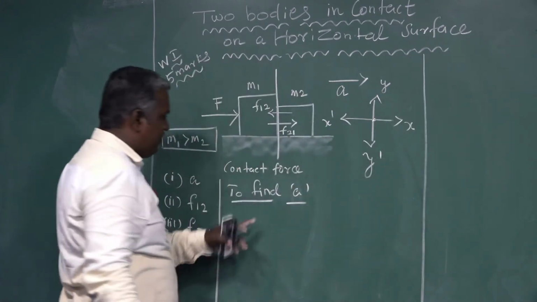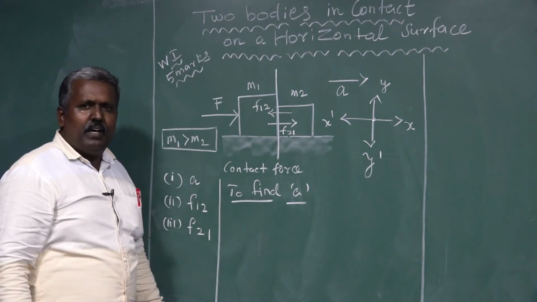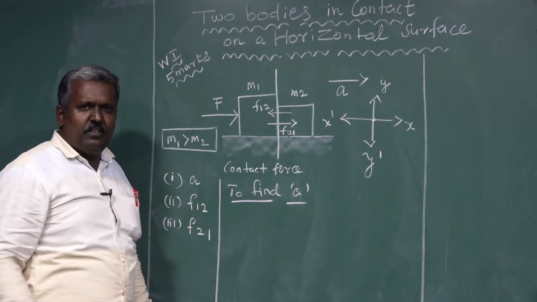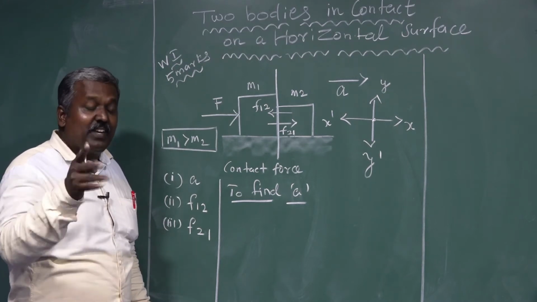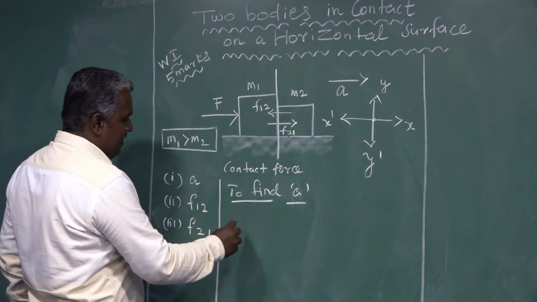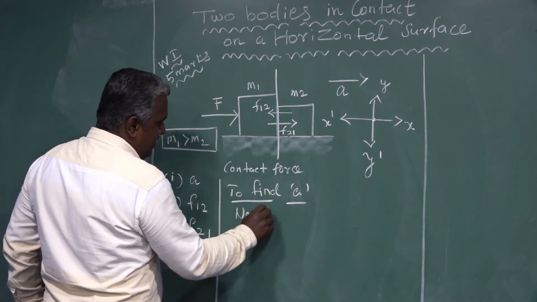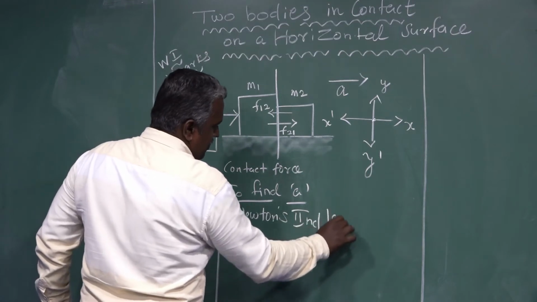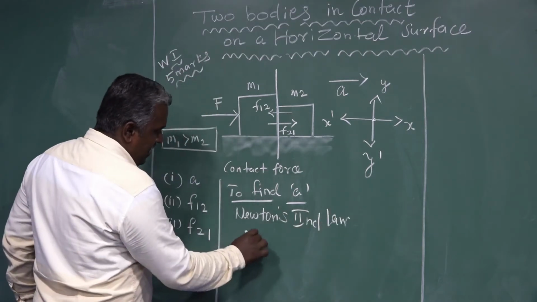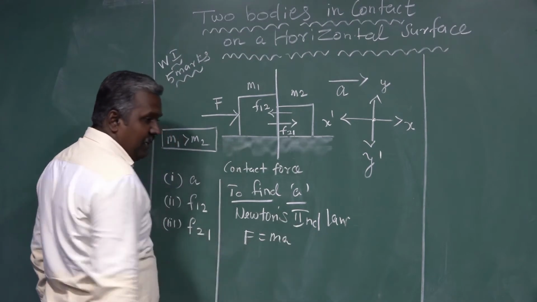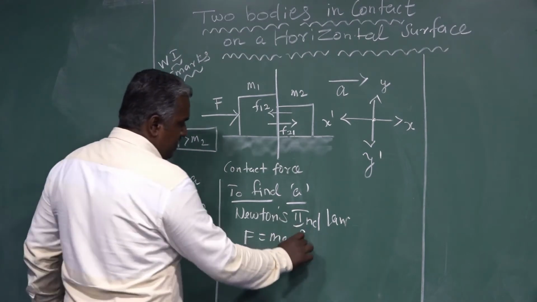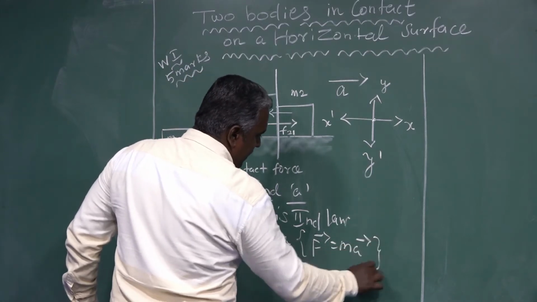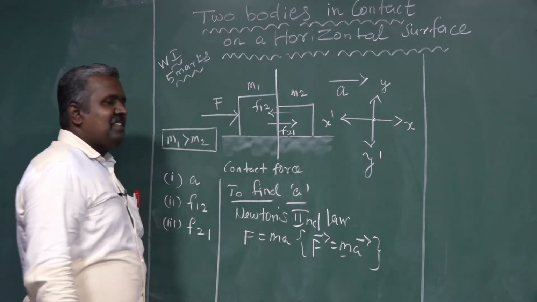Okay, listen. To find a, what to do? We borrow one formula from Newton's second law. By Newton's second law, the basic formula is F equals ma, no? In vector form, F vector equals m times a vector, because m is a scalar quantity.